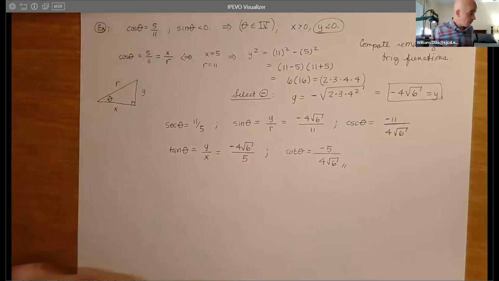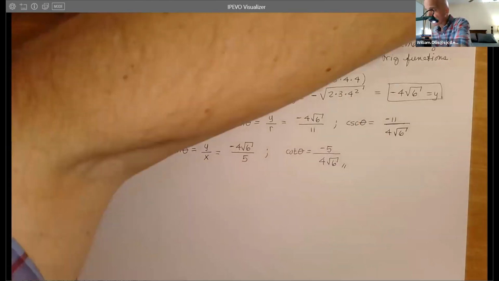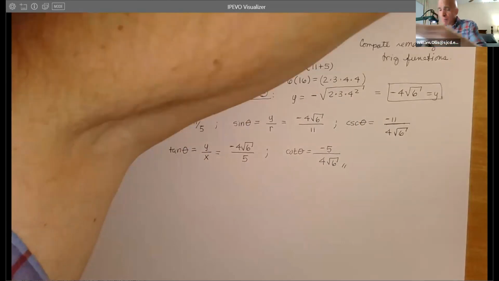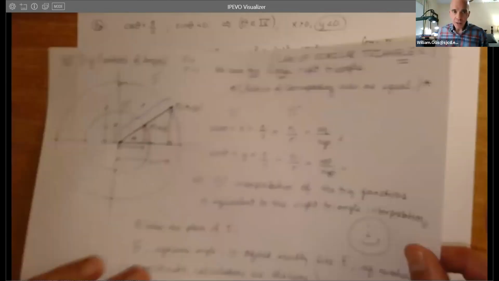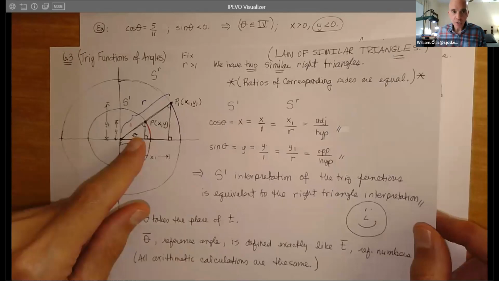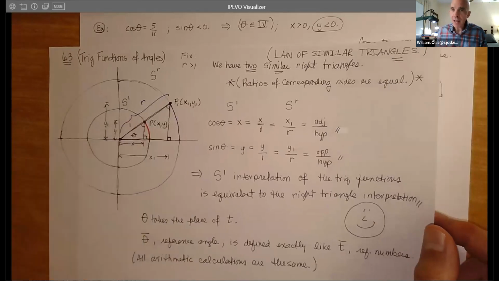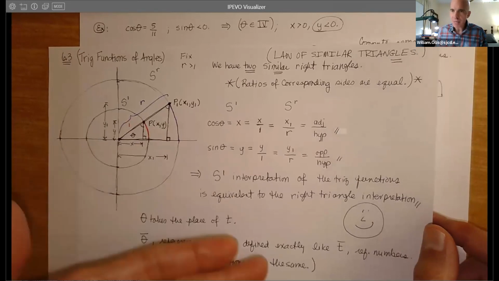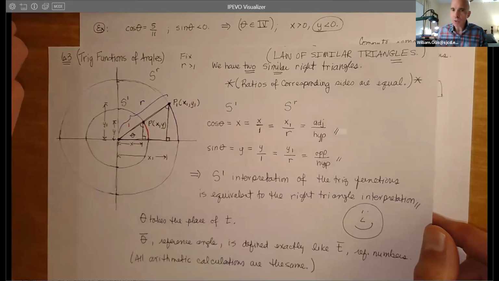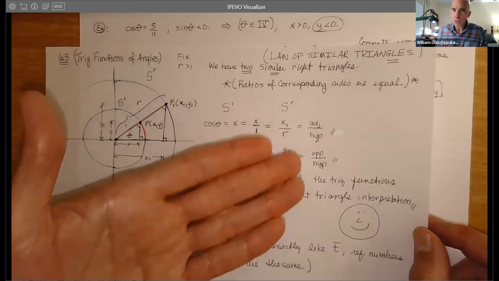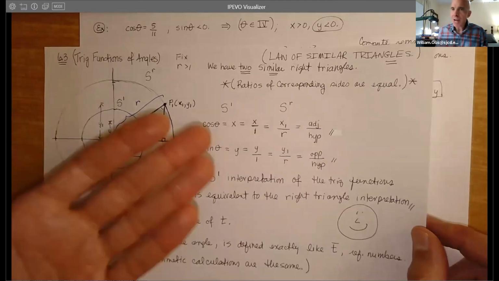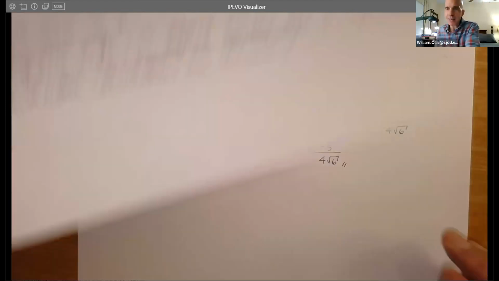So now, like we have before, we've got these imposed triangles. So now when you think of the unit circle, you really can look at these triangles and add that to the mix. I mean, that's what we didn't put in before. But we see with the law of similar triangles that it doesn't matter how we interpret the sine or cosine.